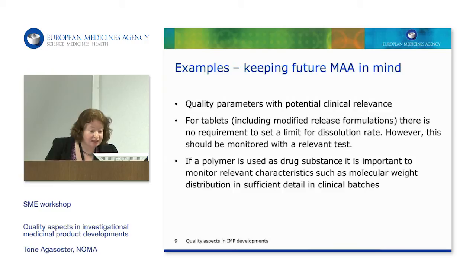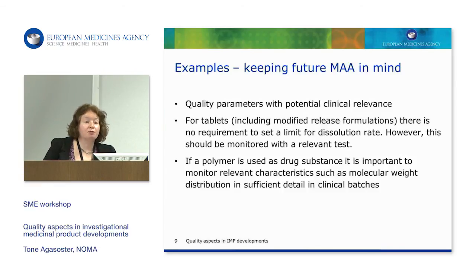And a more special example: if a very complicated active substance, such as a polymer, is used as a drug substance, it's important to monitor all relevant characteristics, such as molecular weight distribution, in sufficient detail in clinical batches. It could really be a lot of testing that needs to be performed to give a relevant characterization of such a very complicated substance. This may also be important if such a polymer is an excipient that is important for release of an API.